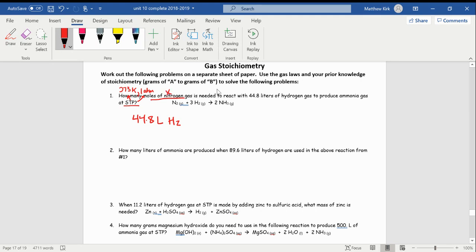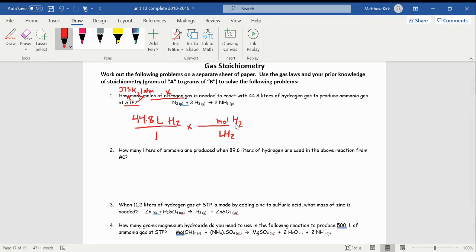With stoichiometry, in order to go from one substance, in this case hydrogen, to the second substance, in this case nitrogen, we have to get moles. So the first thing we have to do, putting this over 1, is cancel out liters of hydrogen and go to moles. Because we are at STP, this is going to be an easier process.